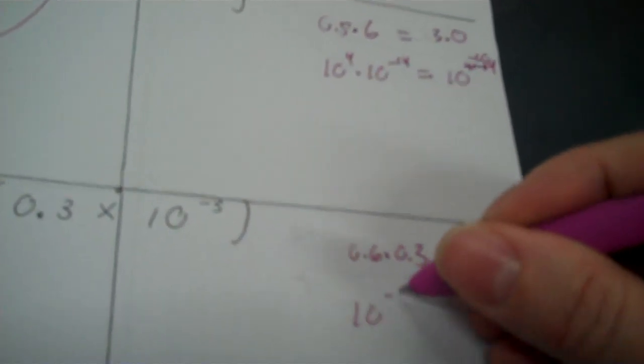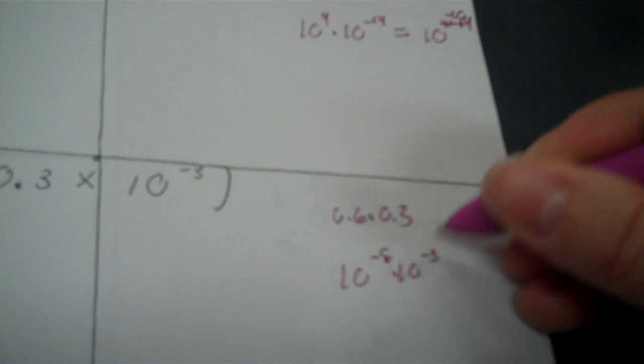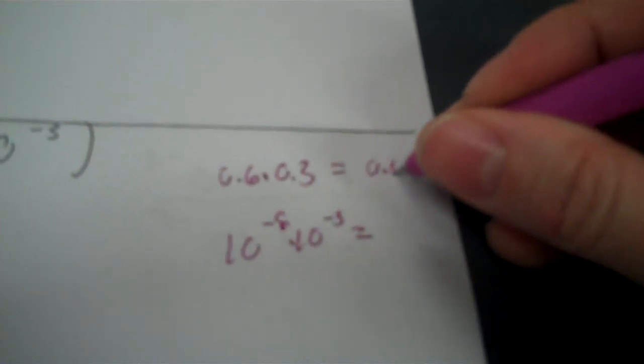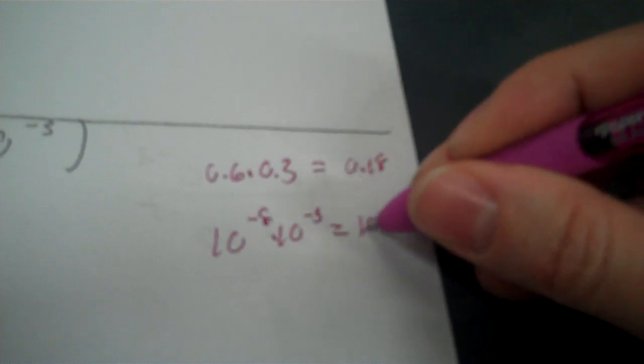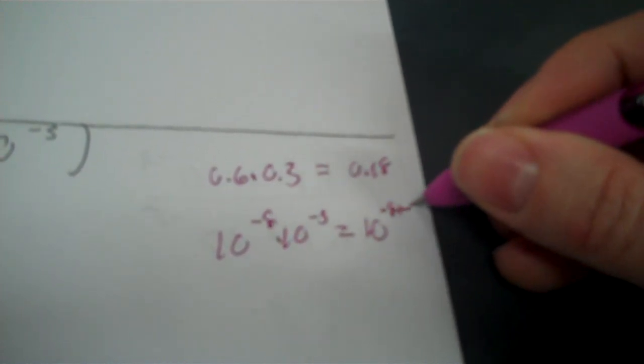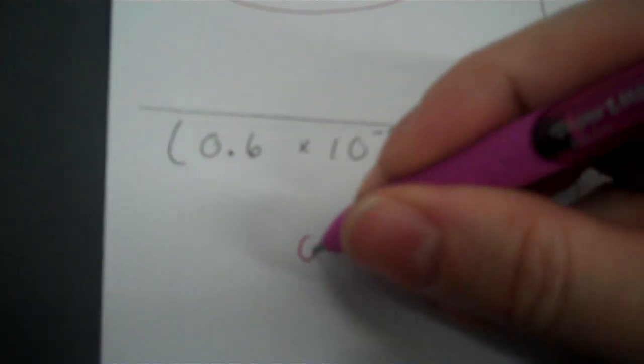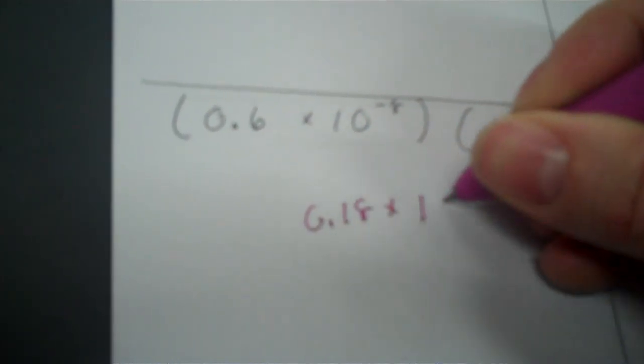Okay, next one, 0.6 times 0.3, and then 10 to the negative 8 times 10 to the negative 3rd. 0.18. At 10, you're going to take negative 8 plus negative 3. That's negative 11. Okay, so write 0.18 times 10 to the power of negative 11.